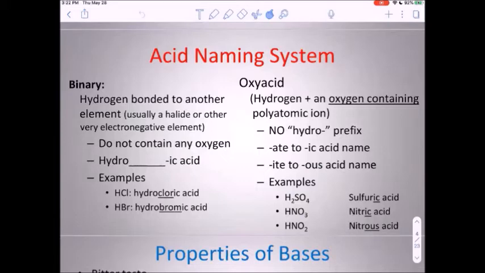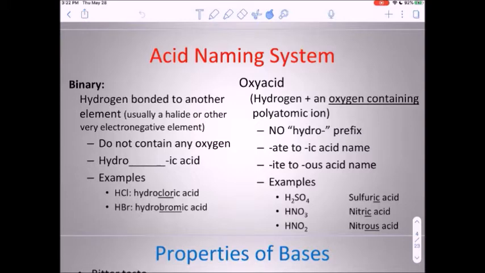If it is an oxyacid, meaning it does have some oxygen-containing polyatomic ion that it's bonding to, so hydrogen plus a polyatomic ion that does contain oxygen, we do not use that hydro prefix. Instead we'll change the -ate ending to -ic in the acid name, or if it's an -ite ending, we change it to -ous in the acid name.